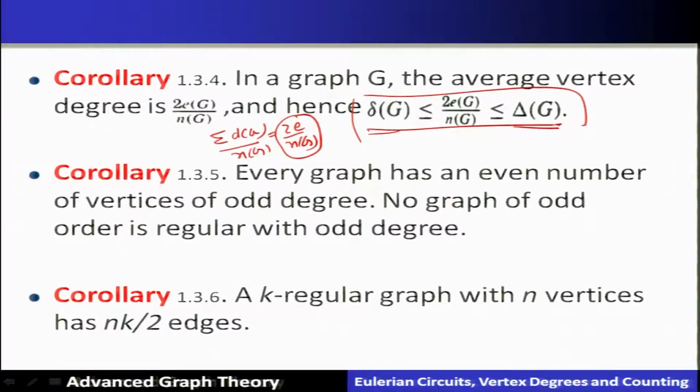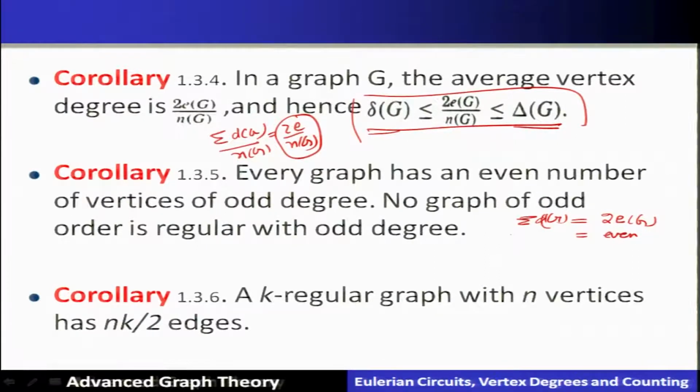The second corollary states that every graph has an even number of vertices of odd degree. Now you know that sum of degrees of vertices in a graph is twice the number of edges of a graph, and this is an even number. So degree sum is an even number.